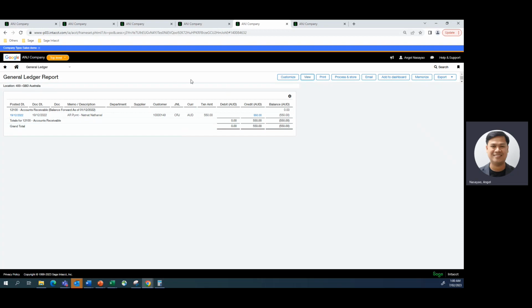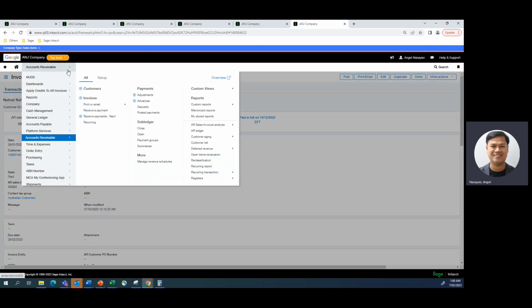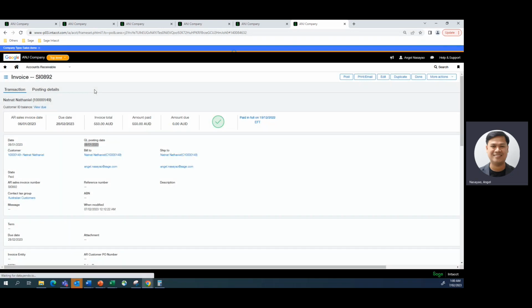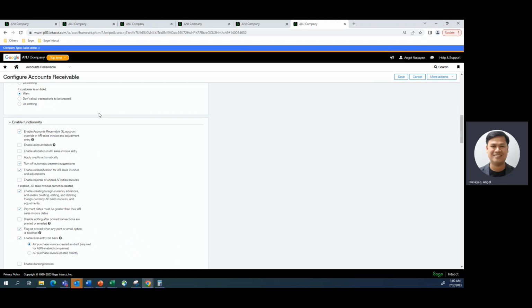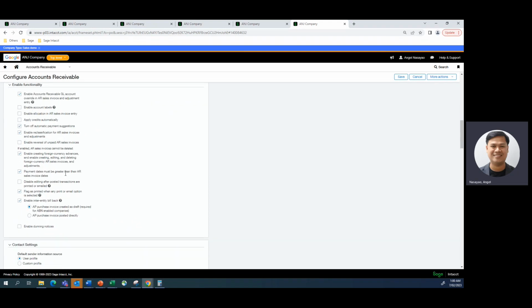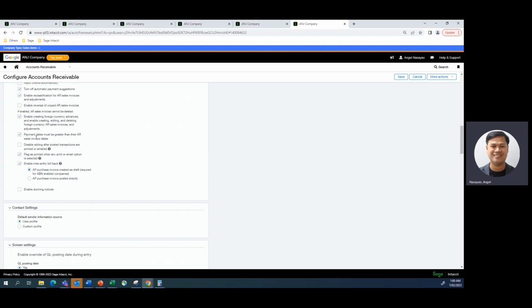All right. So in order to prevent this situation from happening, we have a preference. If you go to accounts receivable, setup, configuration, and scroll further down to this one here, under your enable functionality section, you have payment dates must be greater than AR invoice date.